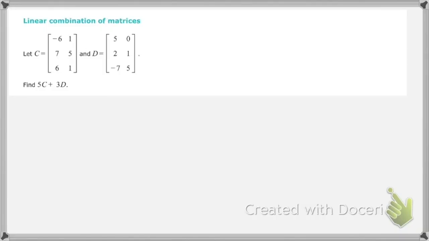Also, I'm going to say that this is a matrix that is in a dimension of 3 by 2. Because matrices' dimensions are identified as rows by columns.